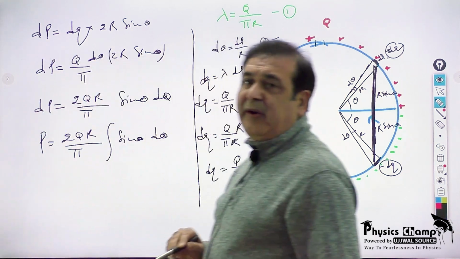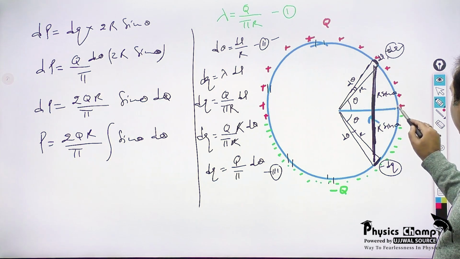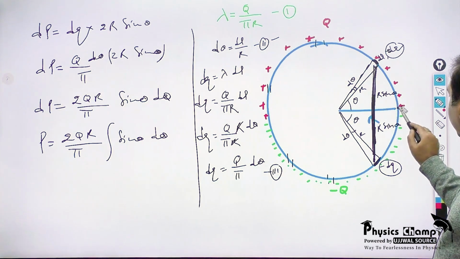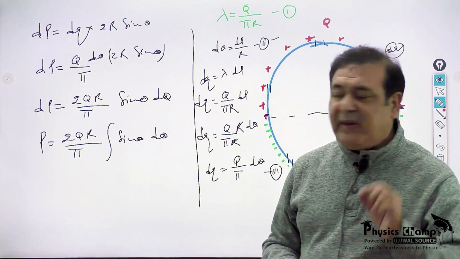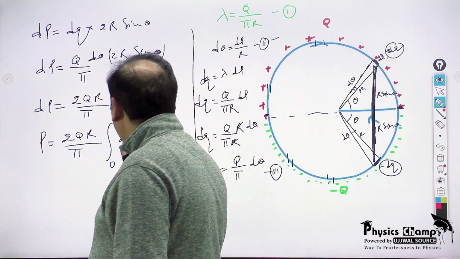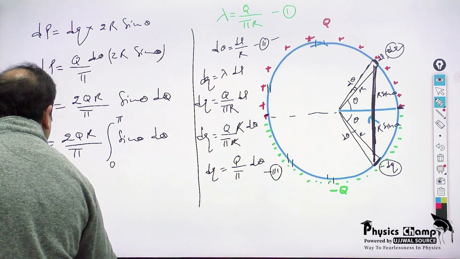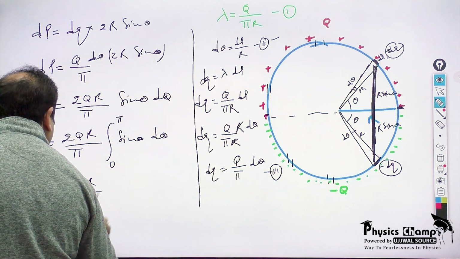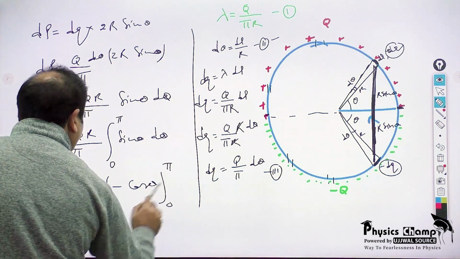And the limits of it will be, I start with theta at a minimum value 0 when I take a point here, and when I take a point here, theta will have a value 180 degrees. So 0 to pi. And 2qr by pi, integration of sin theta is minus cos theta, 0 to pi.